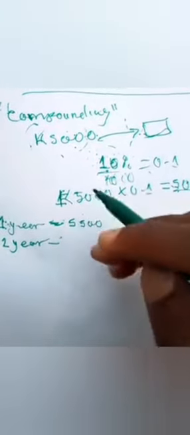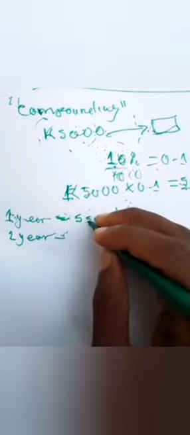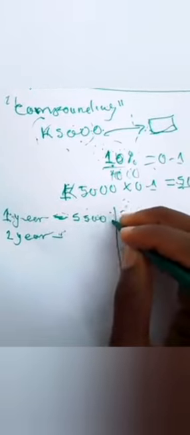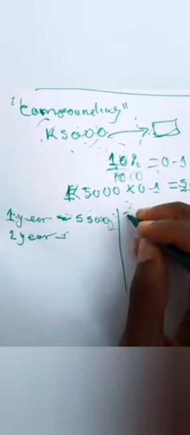How about by the end of the second year of saving in this bank account? Look, I haven't withdrawn the money because this is a savings account. I'll only be allowed to withdraw after the years that I agreed with the bank. So in the second year, I'm going to start with 5,500.